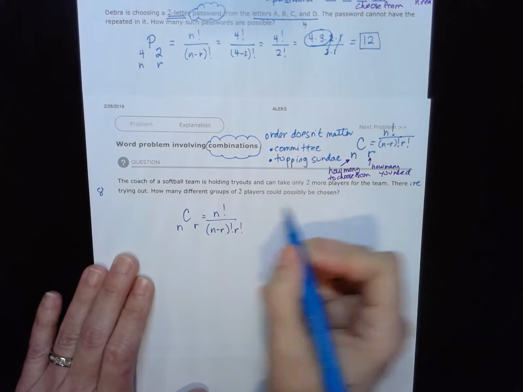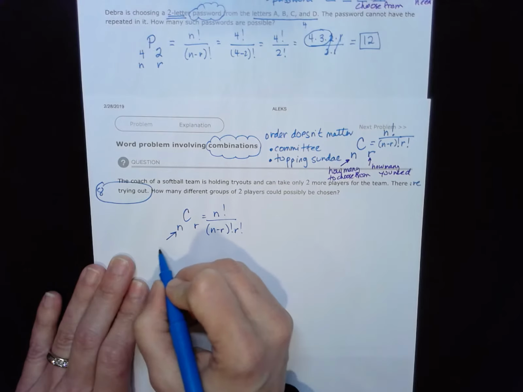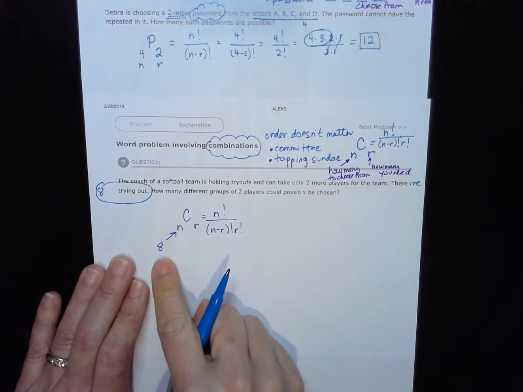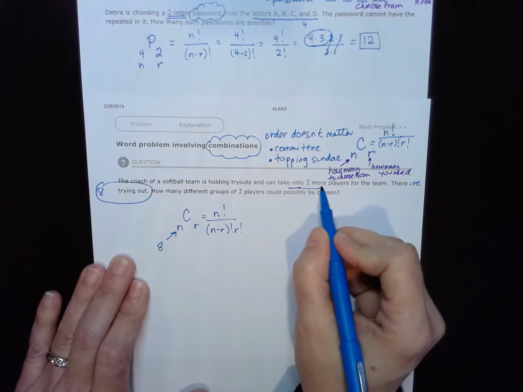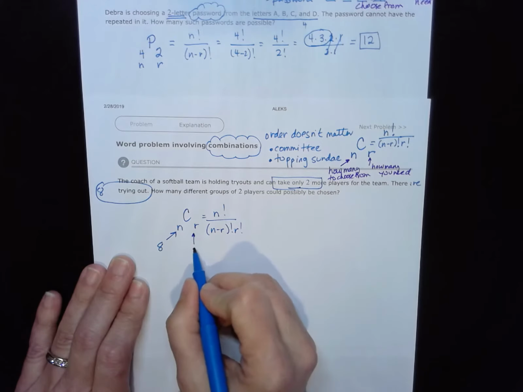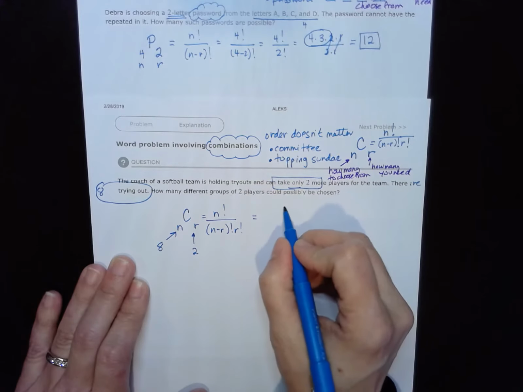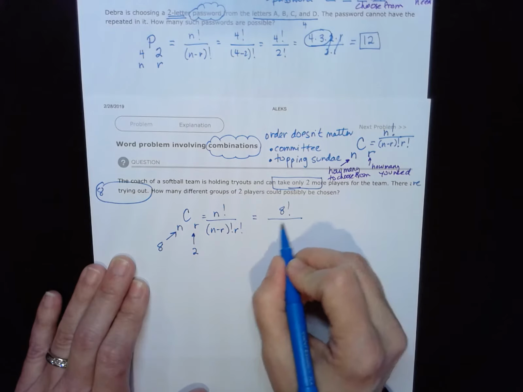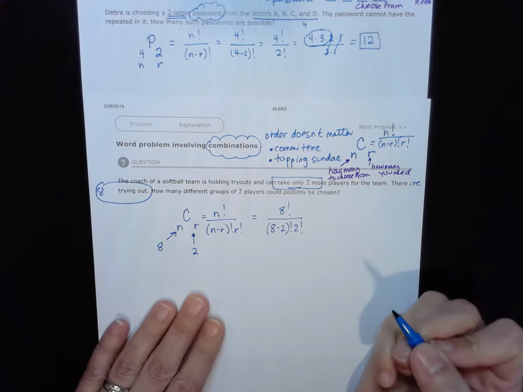Okay. So I have 8 kids that are trying out. So that means my n will be 8 because I'm going to have 8 kids to pick from. But I'm only going to take 2 players. So that's how many people I need. So my formula will be 8 factorial over 8 minus 2 factorial, 2 factorial.